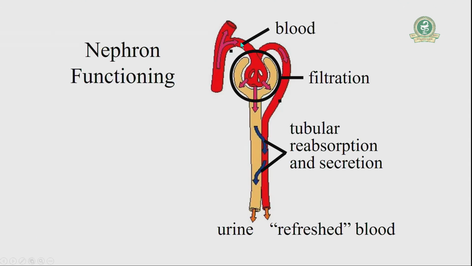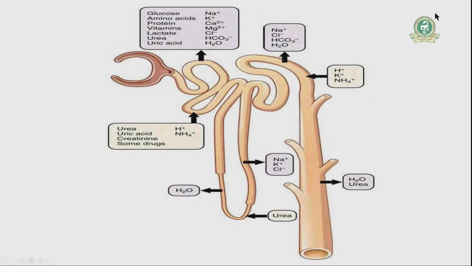And in the nephron, we can see the blood supply, this renal artery, this afferent capillaries, this efferent capillaries, and urine and refreshed blood.